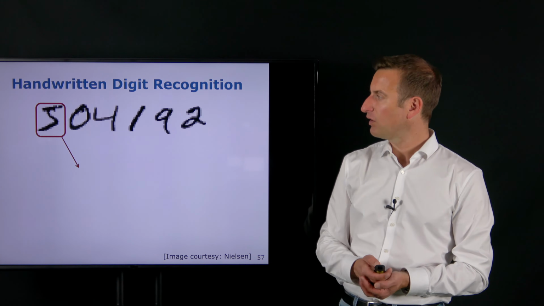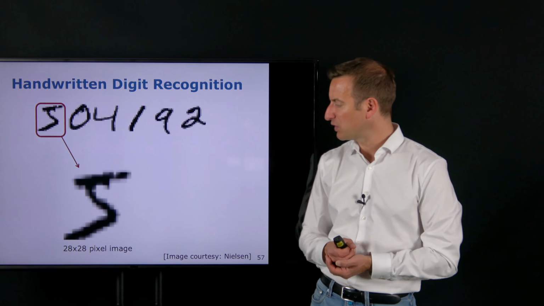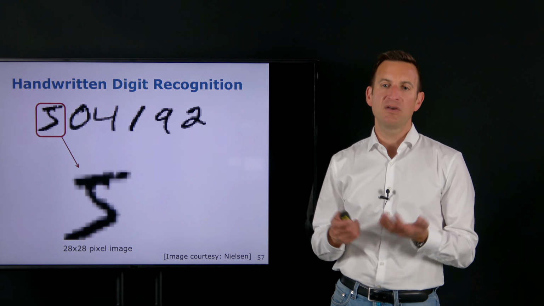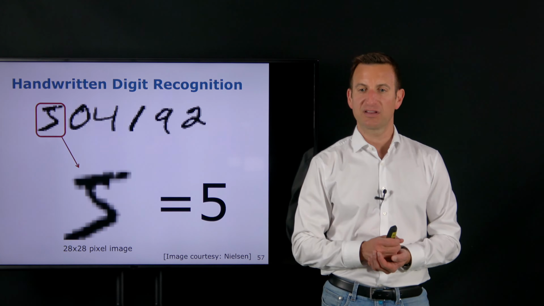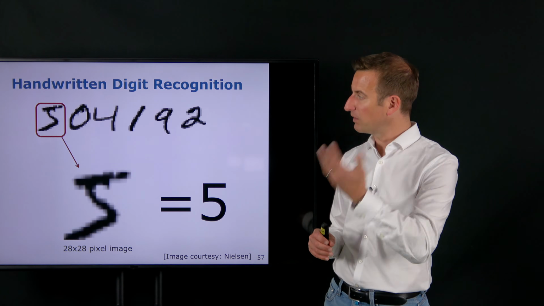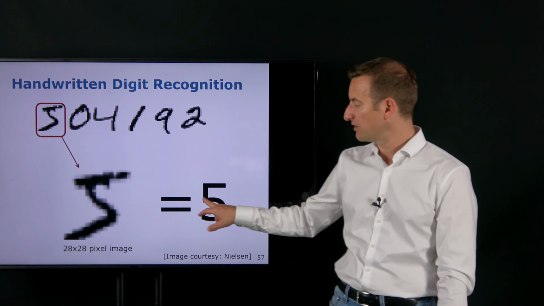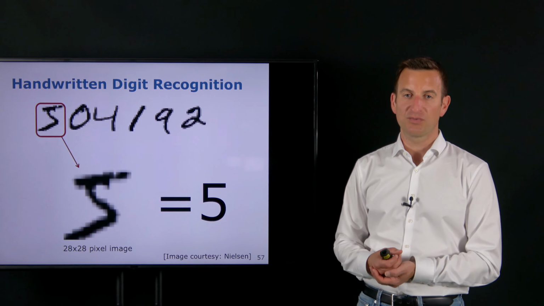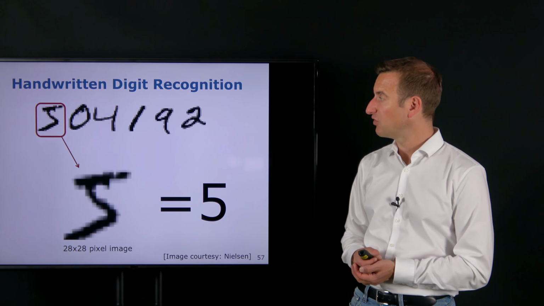So we have small individual images which look like this. In this case, this is a 28 by 28 pixel image, and we want to assign this to a label. So this is the character number 5, and we want to perform this task of putting in any of those individual digits and providing the corresponding label, which of the 10 possible digits it actually is.